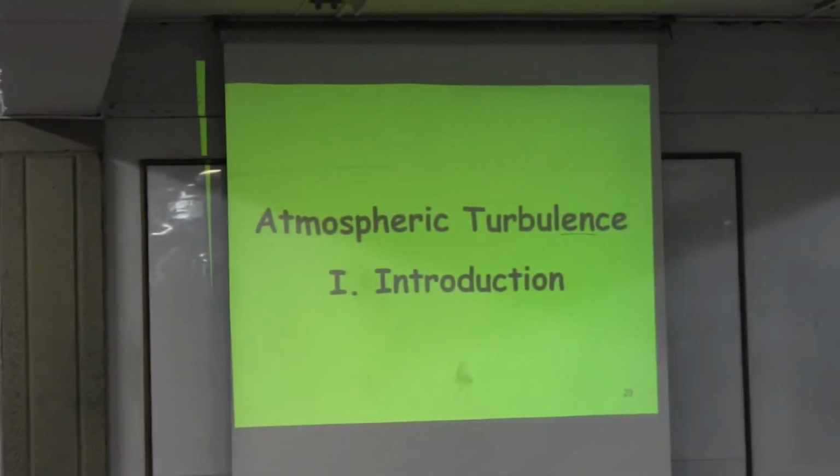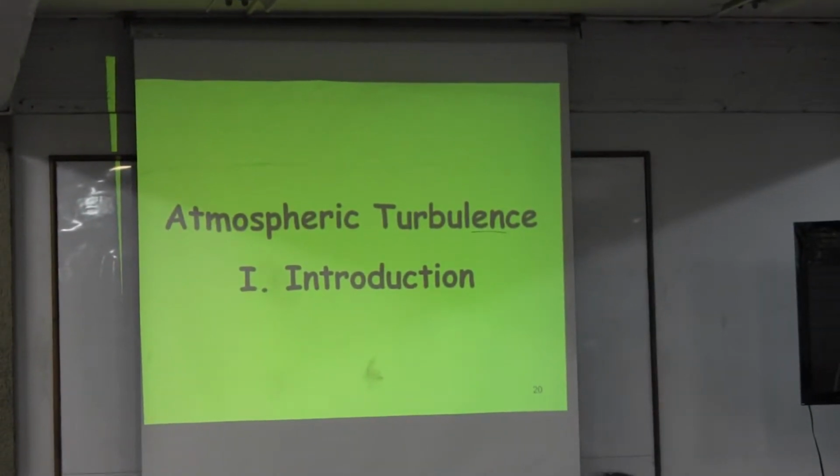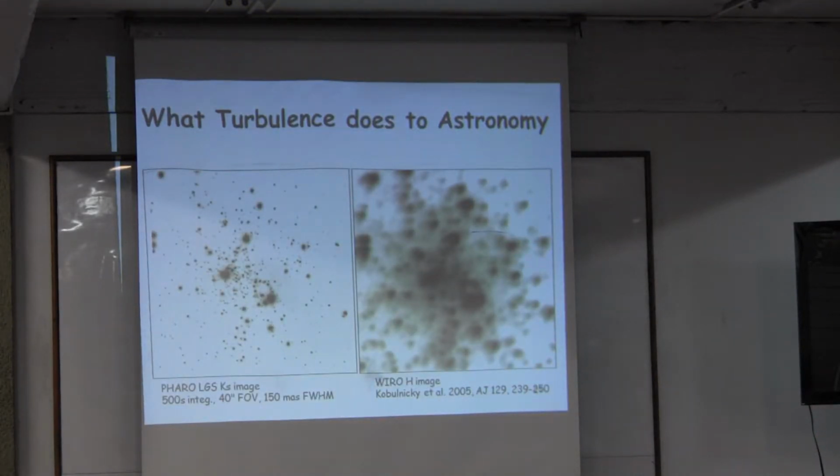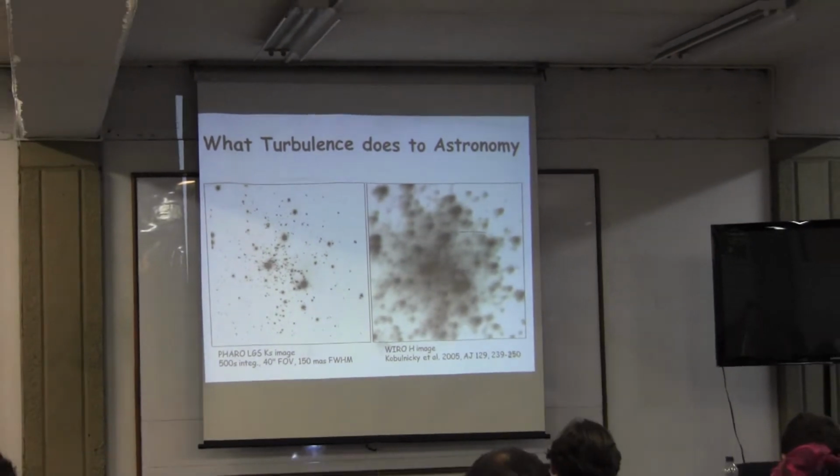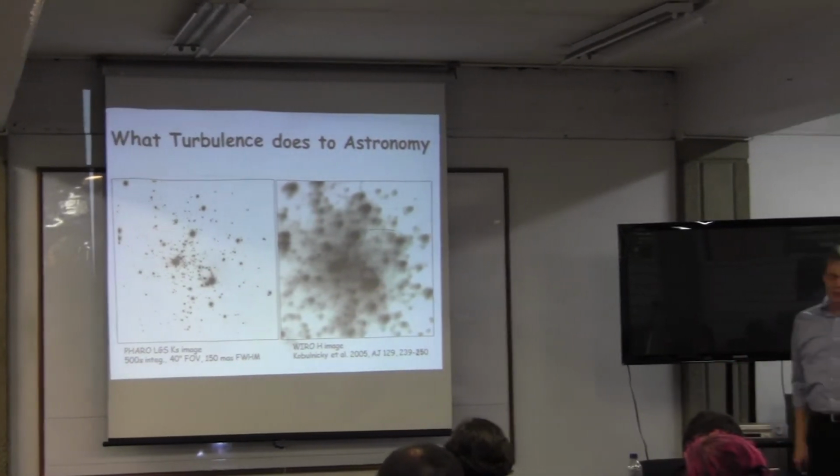Okay, turbulence. I realize this is also challenging. And it's not by intention that the most challenging part of the lecture is just before. Okay, let's see first why we worry about this. Right? I wouldn't talk about it if it were not important. This is just a comparison of the same star cluster.